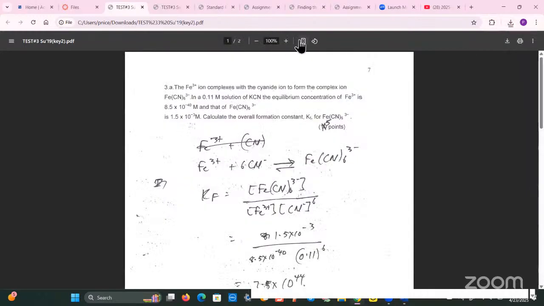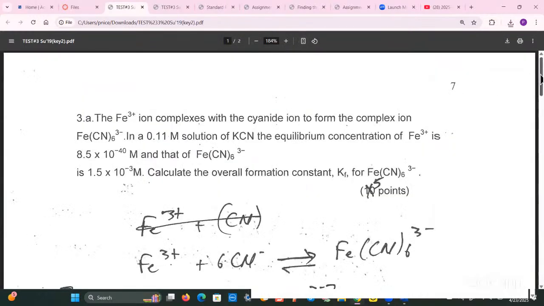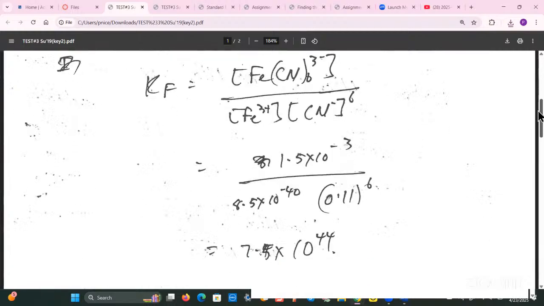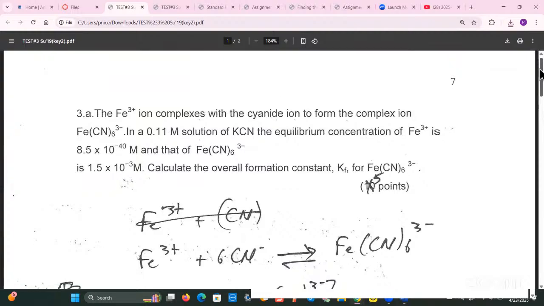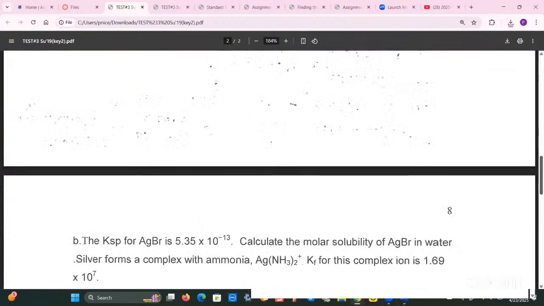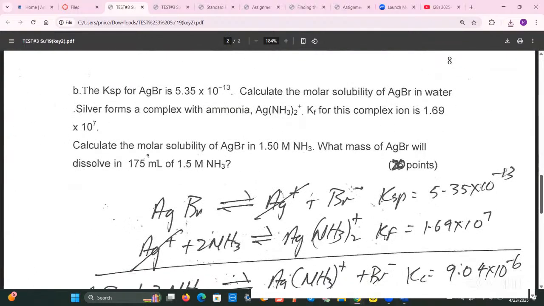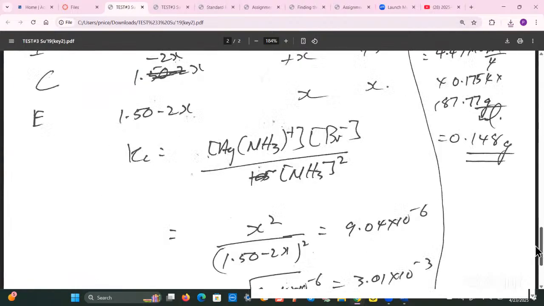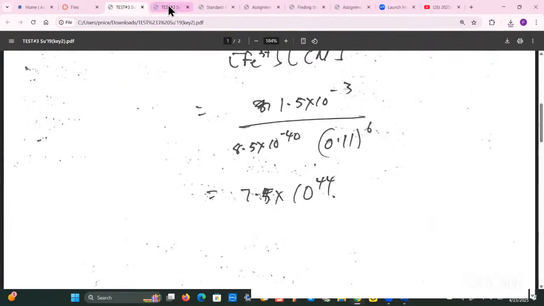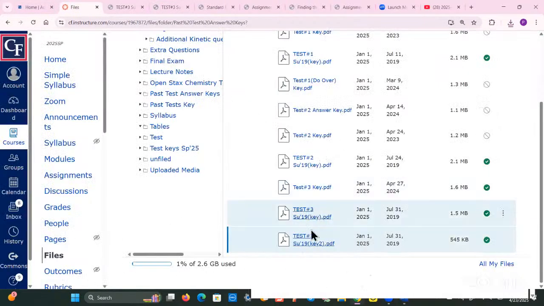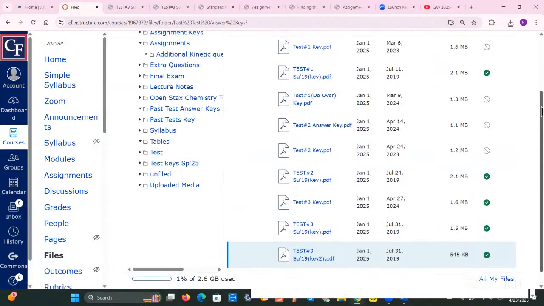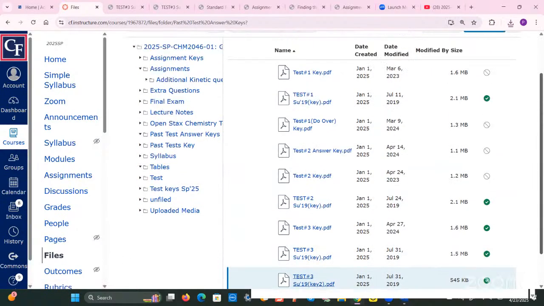Oh, this is some additional questions to that test also. So this is the formation constant problem. And this is a case B problem. So yes, I would review these two, in addition to reviewing your assignment questions.